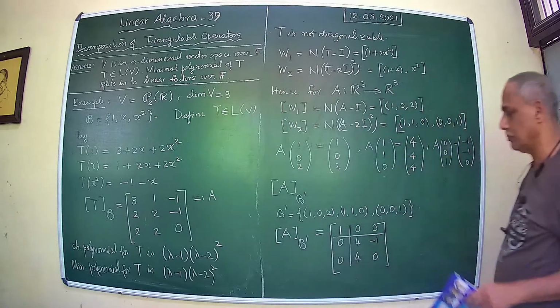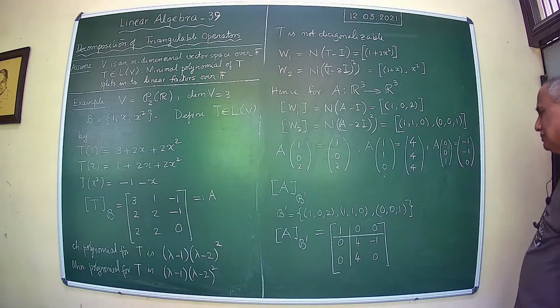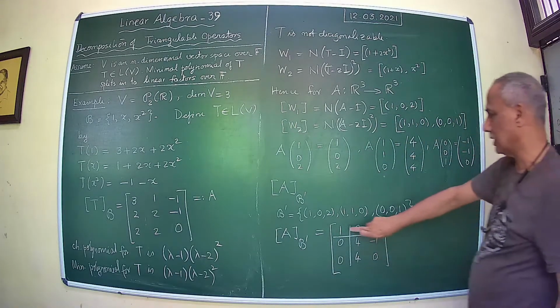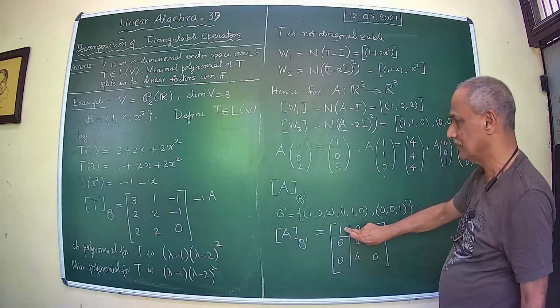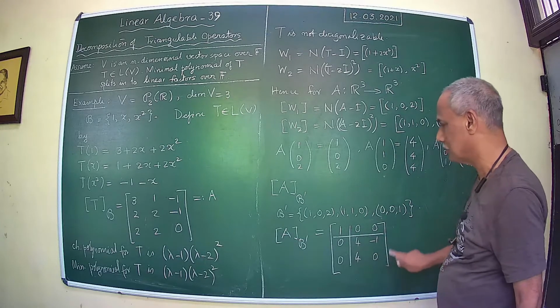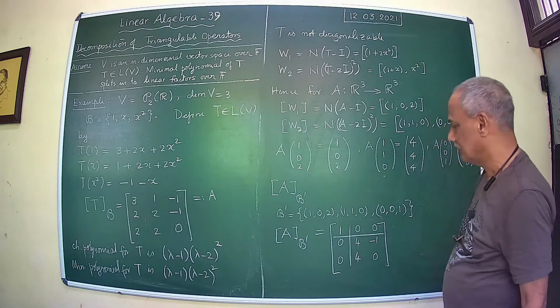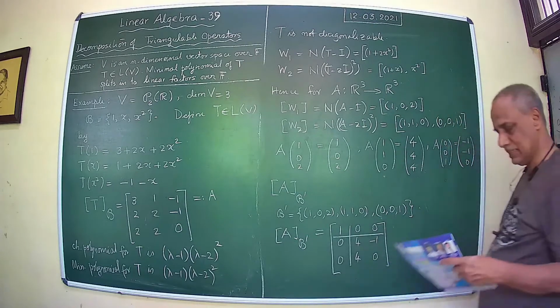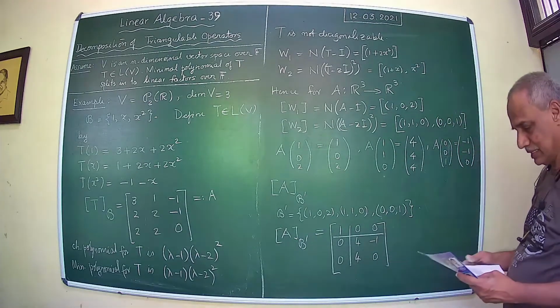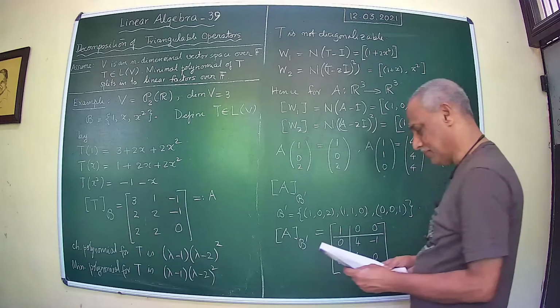See, it comes out in blocks. This block corresponds to P1. This block corresponds to P2. So that's all, and this is the form.